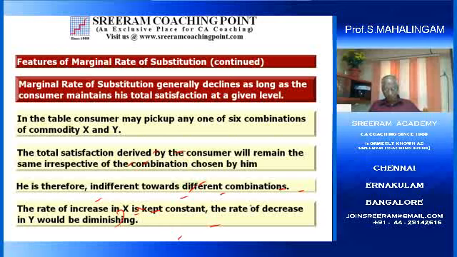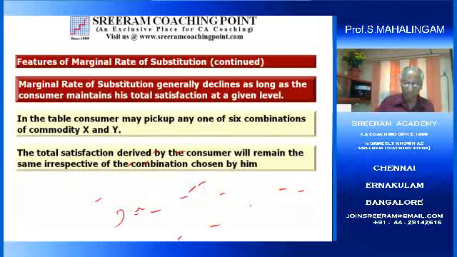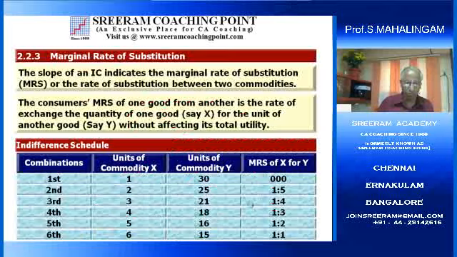In the table, let us see the table earlier. Now in the table, what is it that you are seeing before you? Commodity X is constantly increasing. 1 becomes 2, 2 becomes 3, 3 becomes 4. So commodity X is increased by only 1.